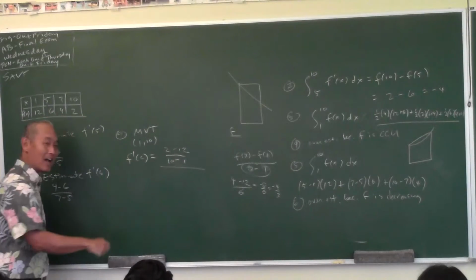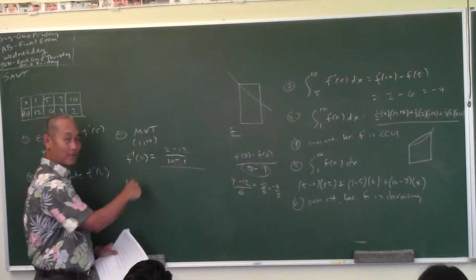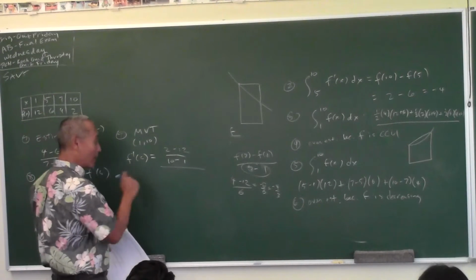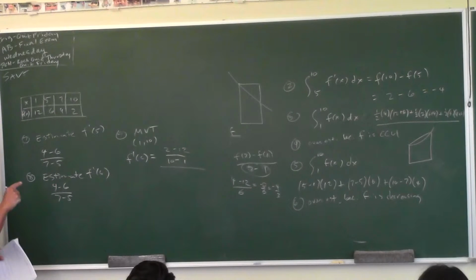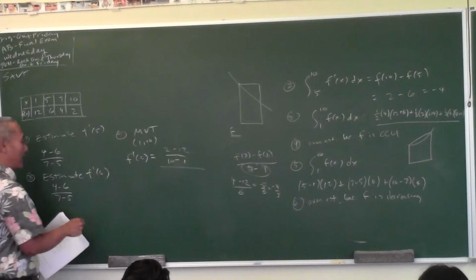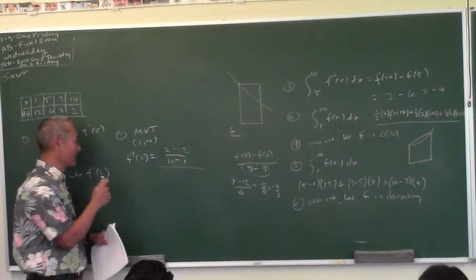Exactly. f of b minus f of a over b minus a. So this is the a and the b, right? There's at least one value of c somewhere, and remember, in the mean value theorem, the function has to be differentiable. 8 out of 9, so we're batting .889.